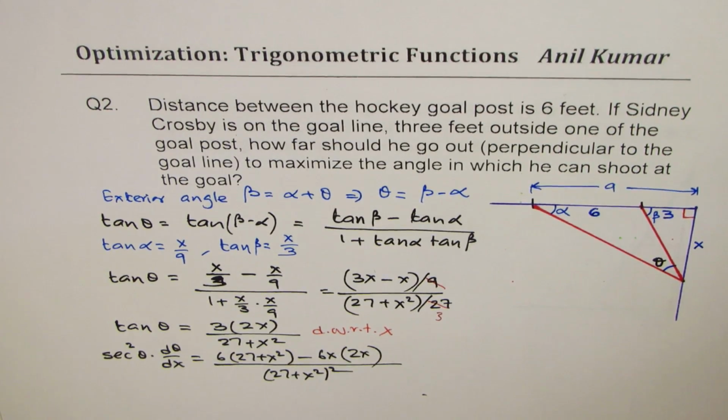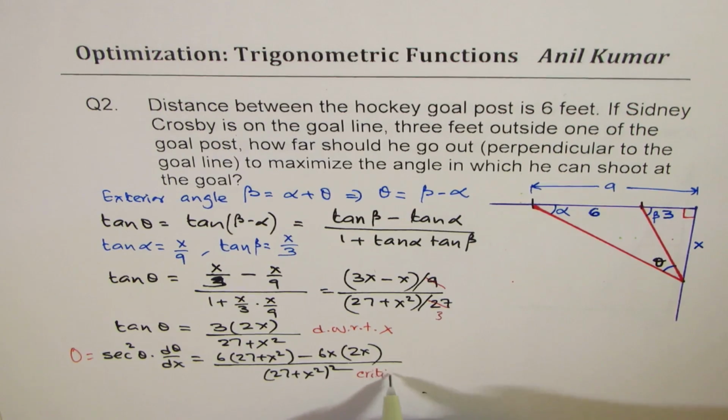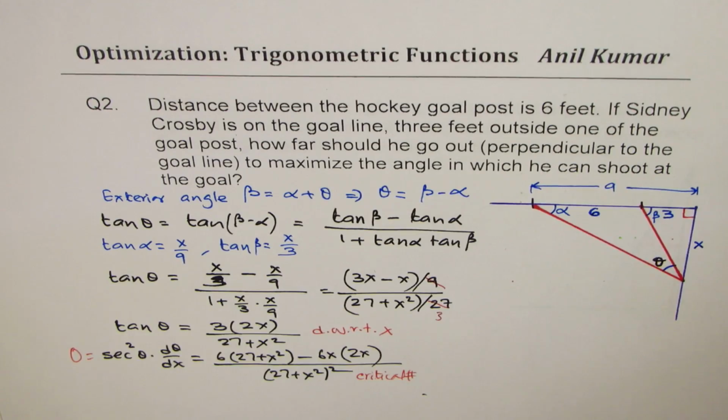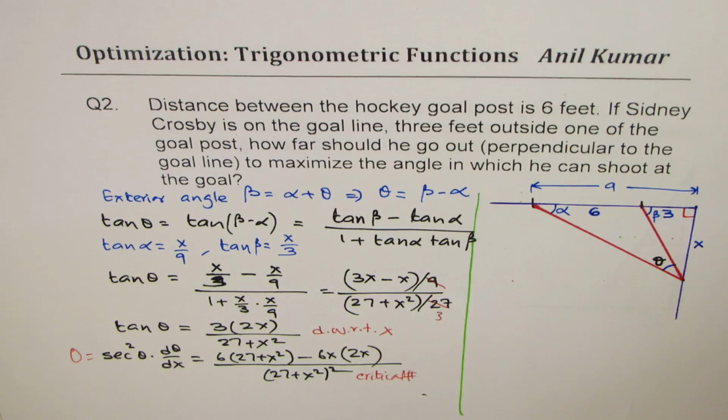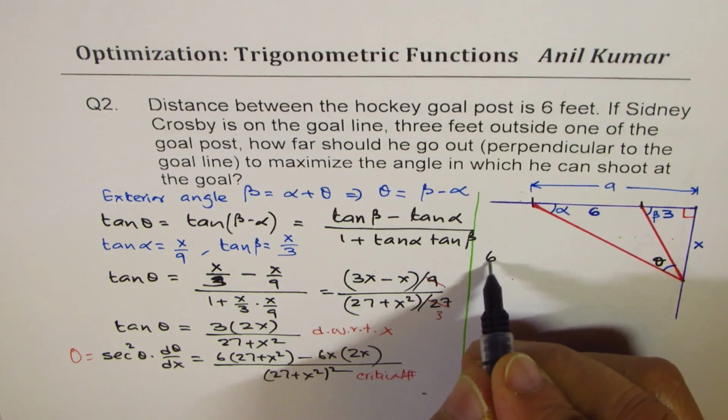And for a critical value, this should be equal to 0, right? For a critical number, the first derivative should be 0, right? So now we'll find the x value for which the critical number is achieved. That means the numerator is 0. Is that okay? So now we'll just solve the numerator. We can take 6 common.